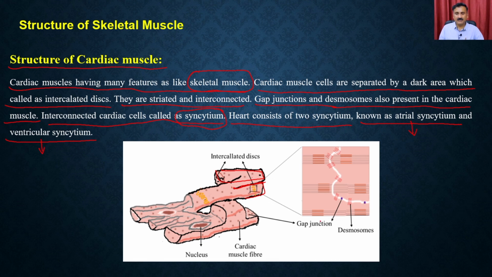This is just a description of the structure. You can see the nucleus and the fibers, which are separated by the intercalated discs, and the structure also has the desmosomes and the gap junctions.